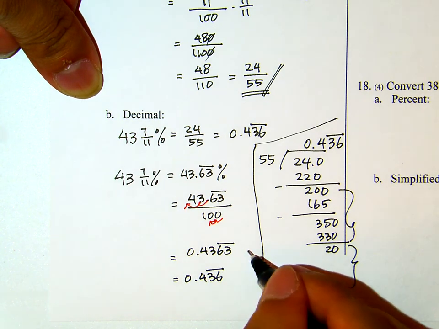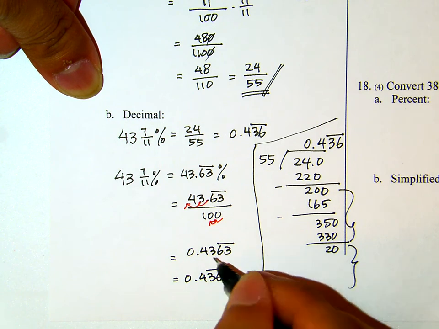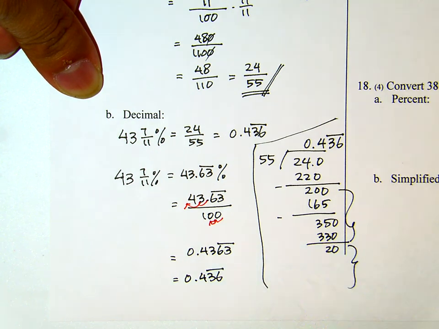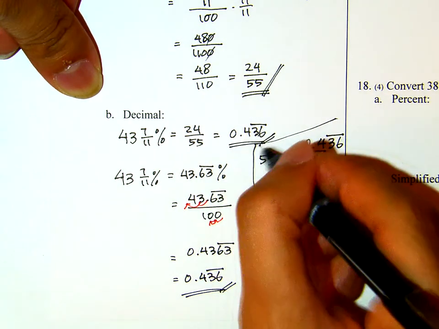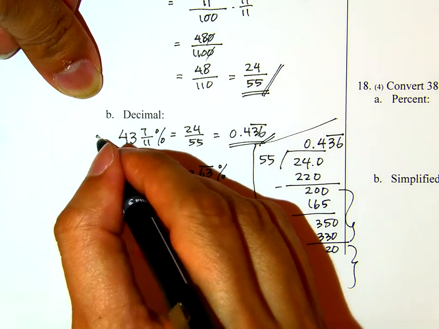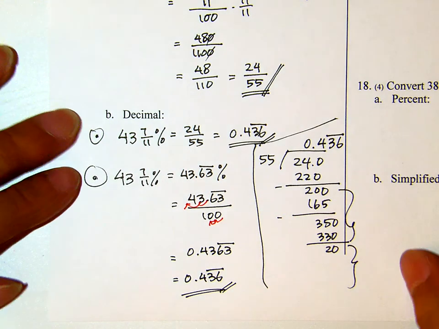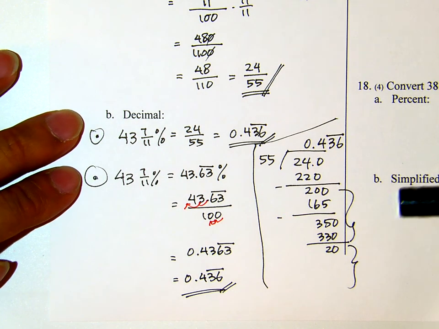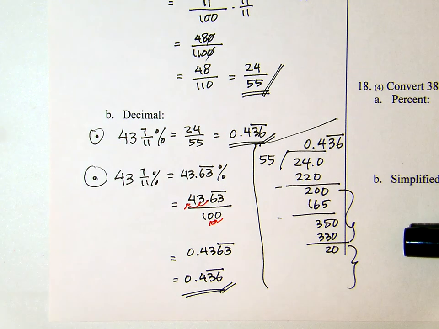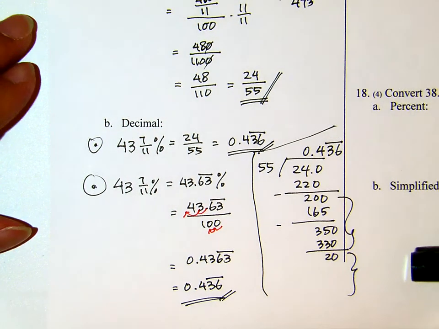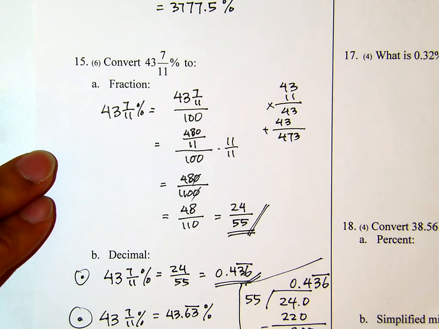Okay, if you are repeating the 63 here, it's the same as repeating the 36 there. Okay, so you have this way or you have this way. You have two ways to do that. Now this is for fall 2011 Math 112 Test 3 number 14 and number 15.